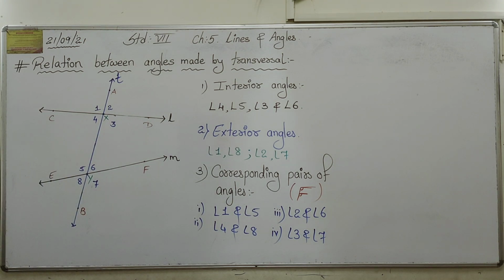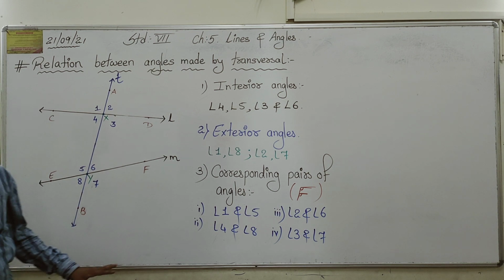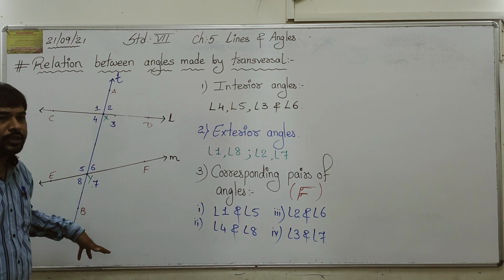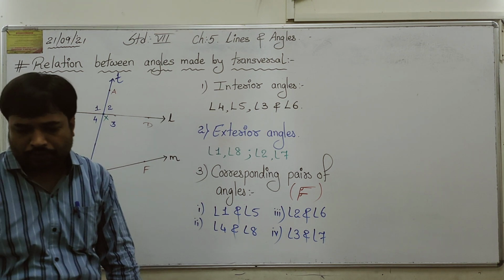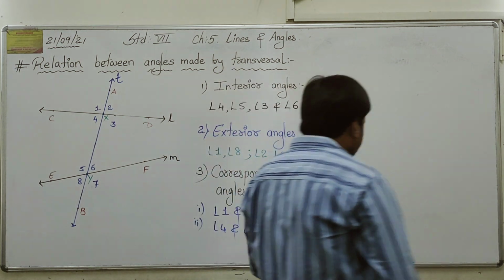But we will simply become a frog, that will be the simplest way to remember. Hold one, jump one, hold one, then jump one. Got it? So these are corresponding pairs of angles.